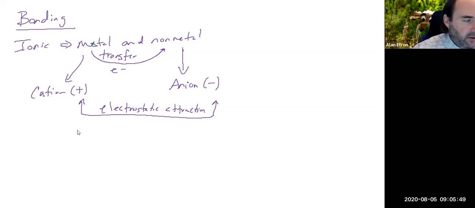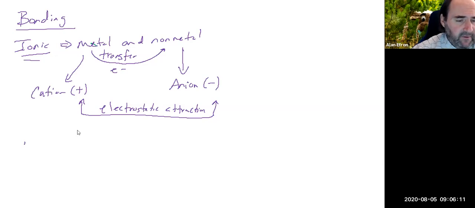Remember that the larger the positive and negative charge, the stronger that attraction will be between those two guys, and they'll hold together stronger. So if you have a +3 and a -3 that come together, that bond is going to be much stronger than, say, a +1 and a -1. But they'll still be held together, with absolutely no sharing of electrons here.